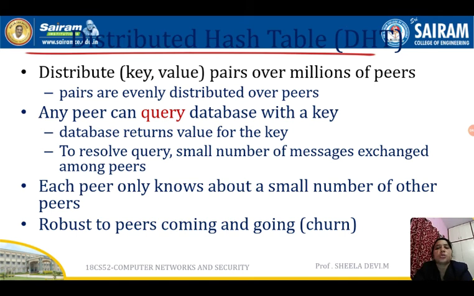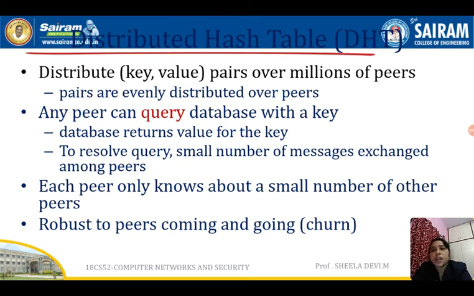This is how we distribute the key-value pairs to all the peers, so that if any peer wants the name of the citizen whose Aadhaar number is 23, it will contact the peer closest to 23. The peer closest to the number 23 is 25, so 25 is responsible for providing the key-value pair. Clear? This is how a distributed hash table works.